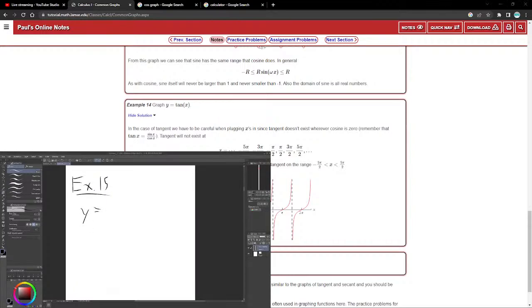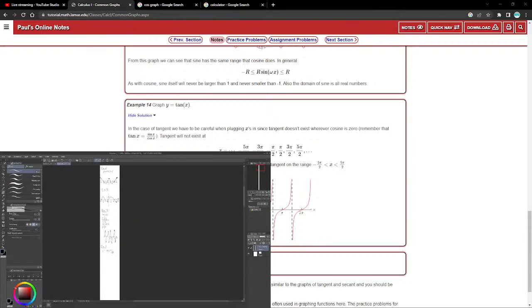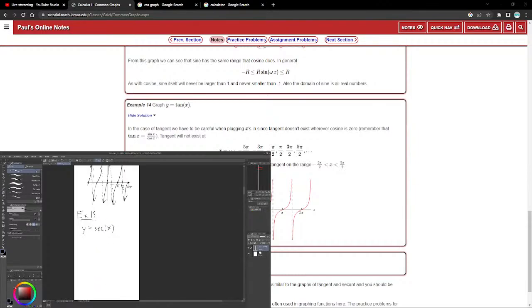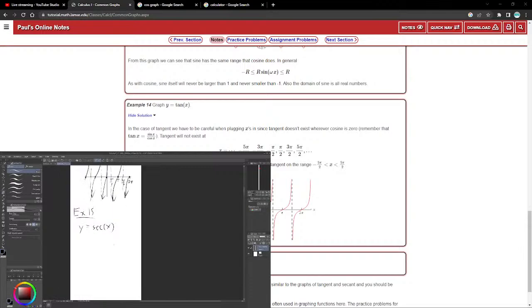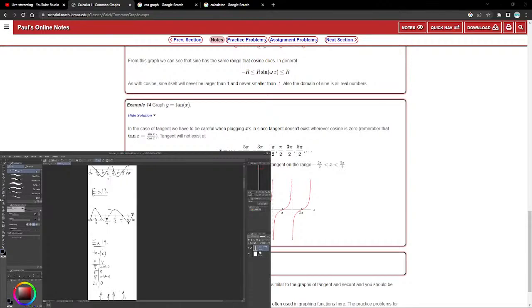Y equals secant x. So wouldn't that just be a sine graph?